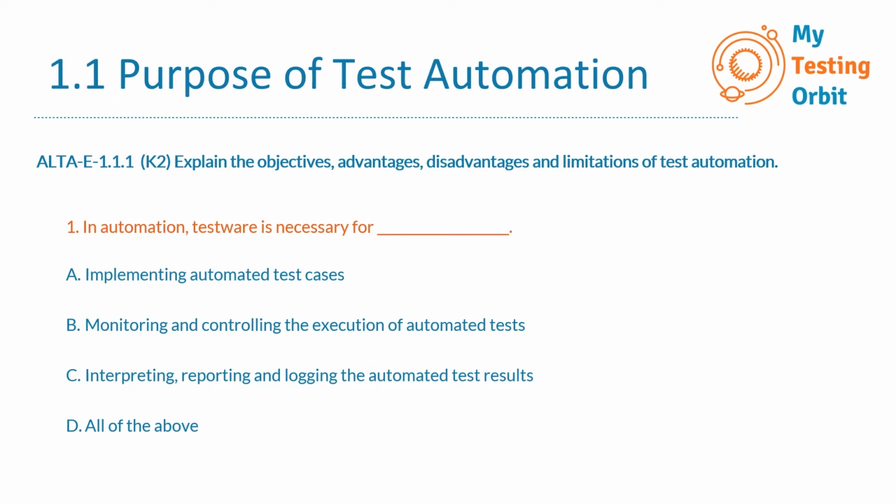Testware can be any artifact, any material which is required to perform testing. It can include test cases, test data, test plan, etc. If we go through the first three options, all three are correct. So we'll go with D, which is all of the above.